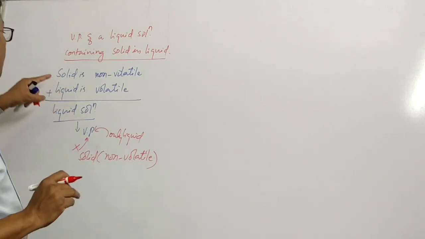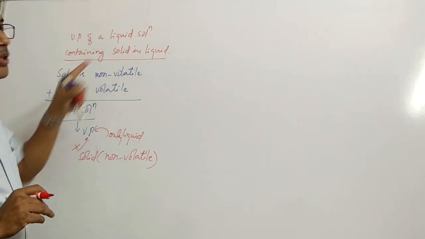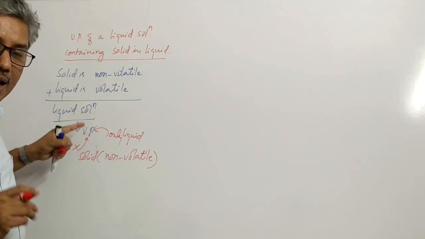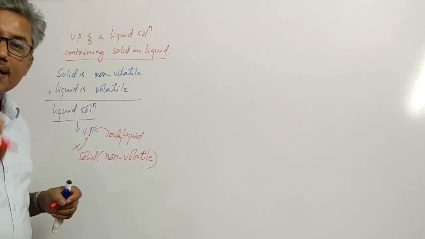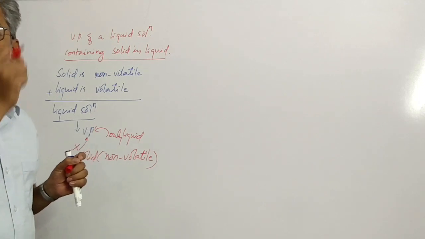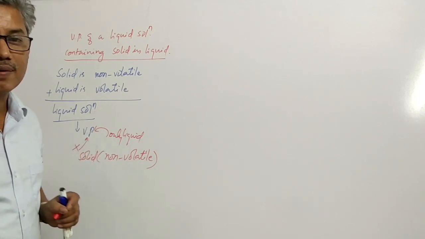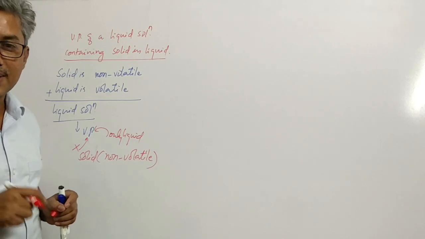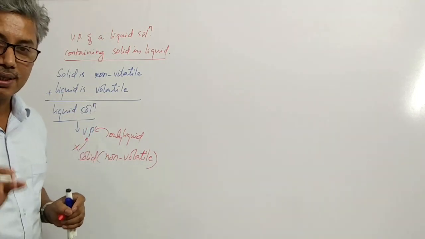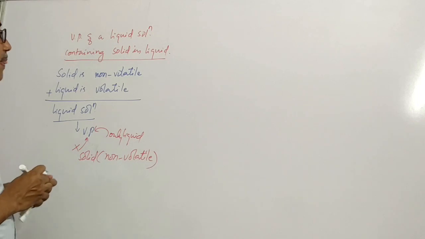Is that clear students? Therefore this liquid solution is a solution having one non-volatile component which is not found in the vapor phase. Then one small question arises, what is the role being played by the added non-volatile solute? Clear? Let us see this now.